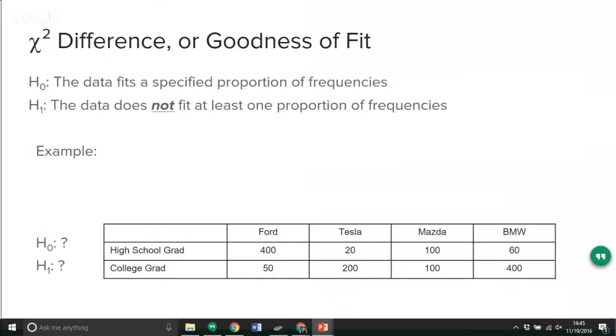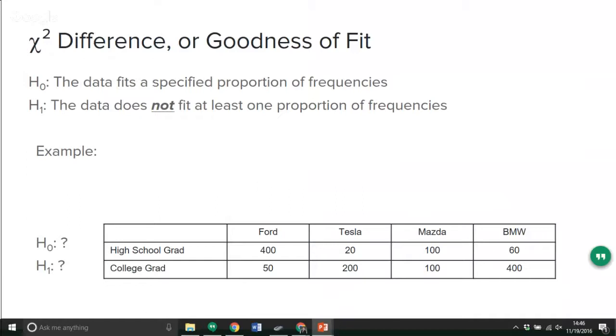So if we were to talk about hypotheses for goodness of fit, we would essentially be saying that our null hypothesis is that the data fits, that the proportions are equal. If the data does not fit, that will be our alternate hypothesis.